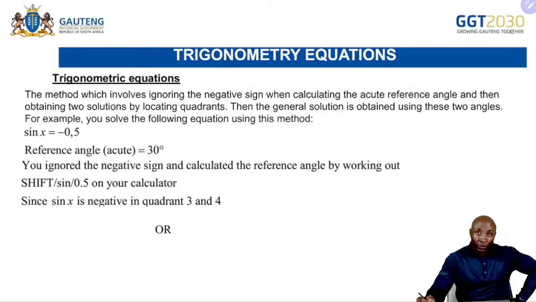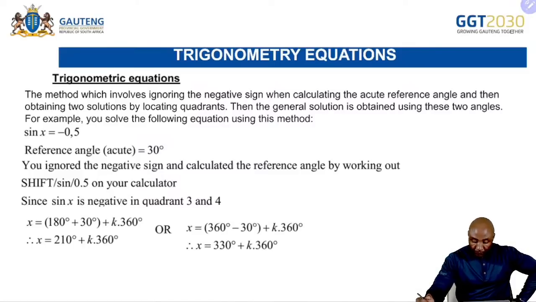It means I must have two solutions in quadrants 3 and 4. In quadrant 3, my solution will be 180 plus my reference angle plus k times 360 degrees, and it will give me the solution. Fourth quadrant, 360 minus the reference angle, I get my solution.